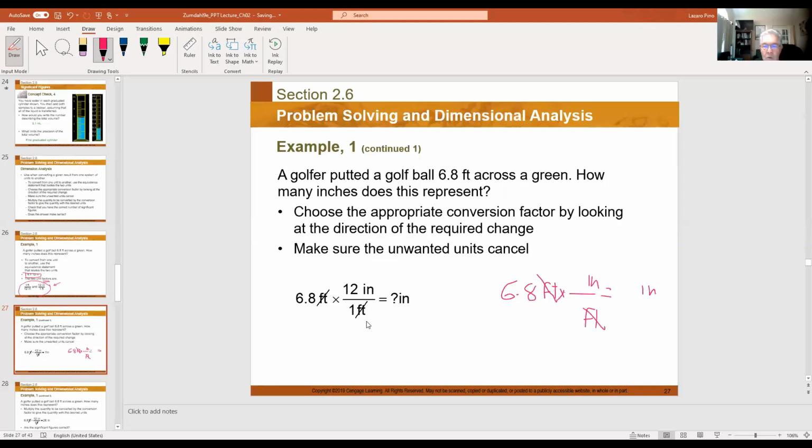Then which one are you going to choose? 12 inches is 1 foot, in such a way that you cancel foot with foot and you get inches. The answer in this case is a multiplication of this times this divided by this number.